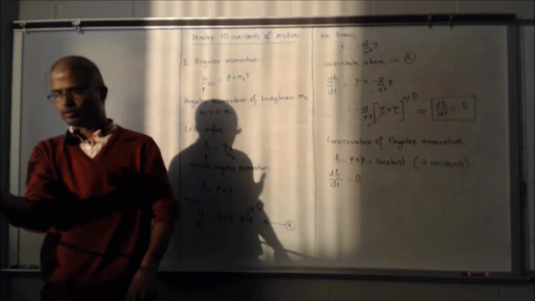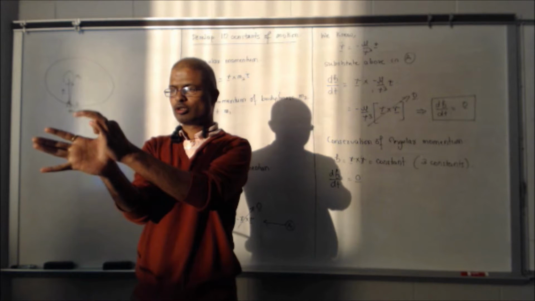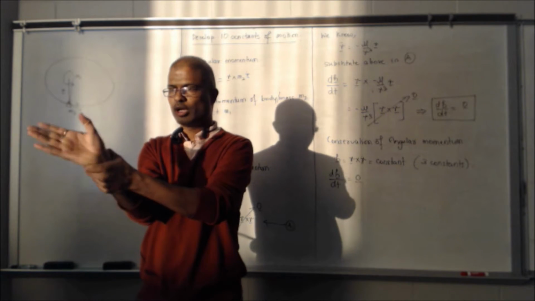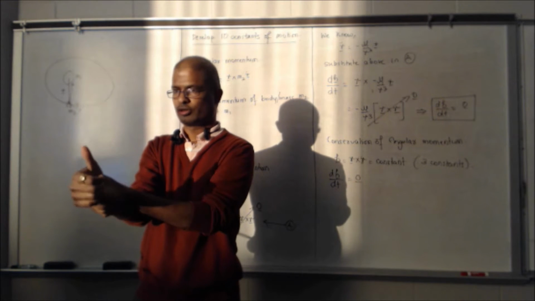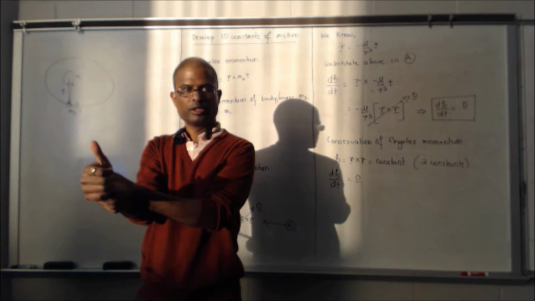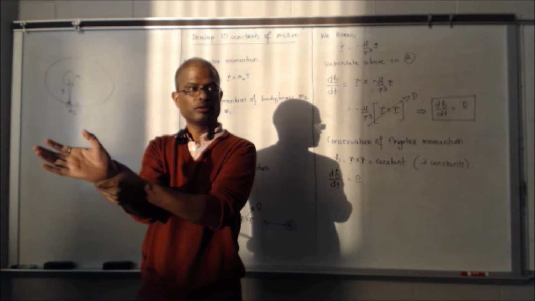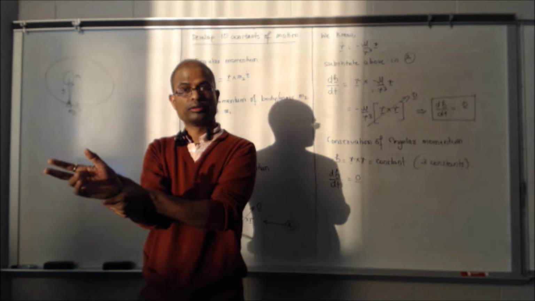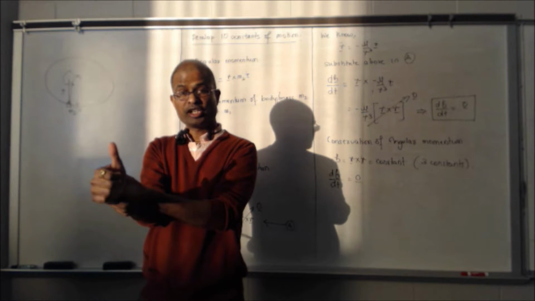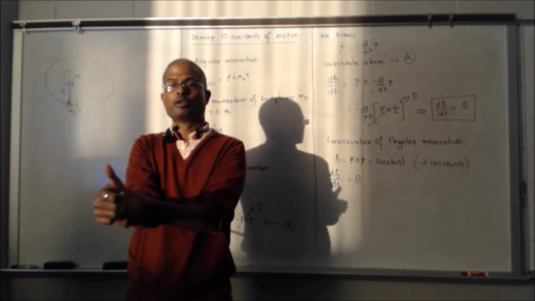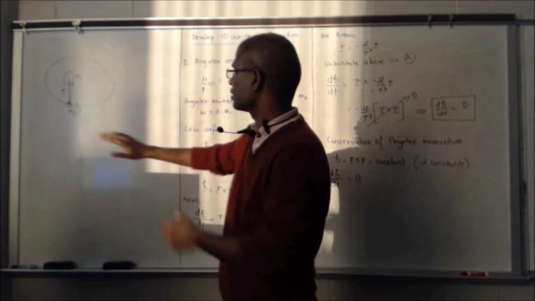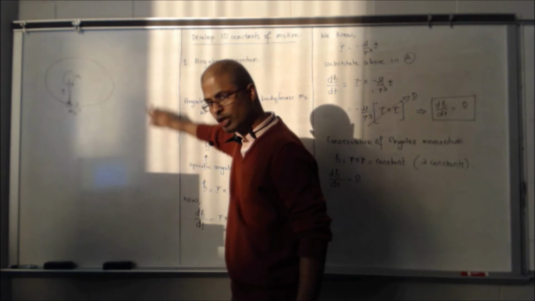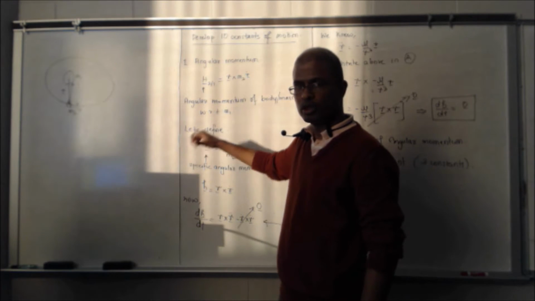See, H is my thumb, R crossed with V. H is always in this direction, right? H is going up. If you think about R in this plane, V in this plane, then H is coming through you.